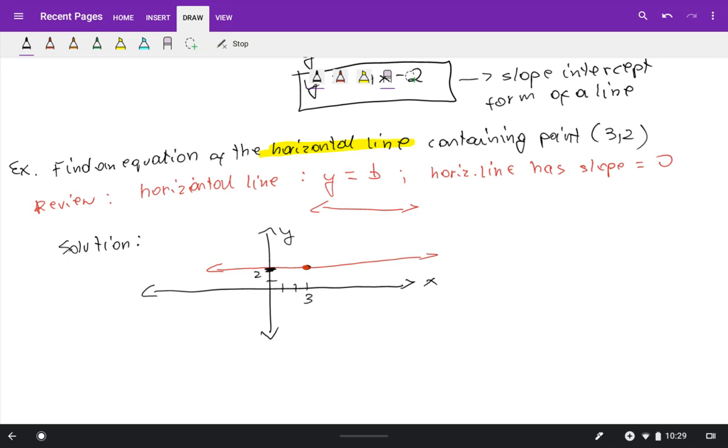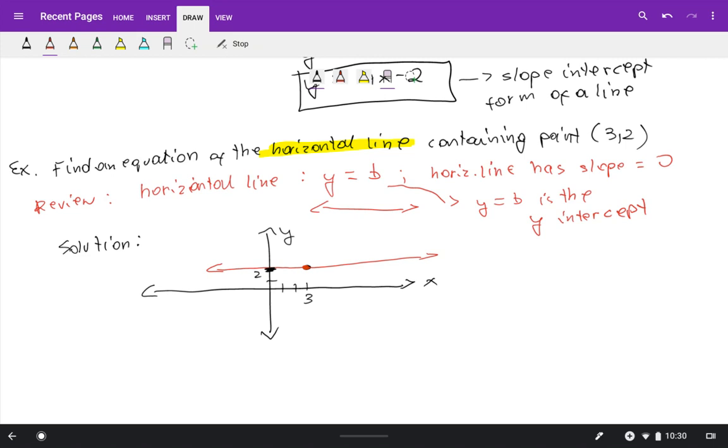Since we're talking about a horizontal line, y equals b is the y-intercept. So in our case, the y-intercept will be 2, y equals 2, right here.